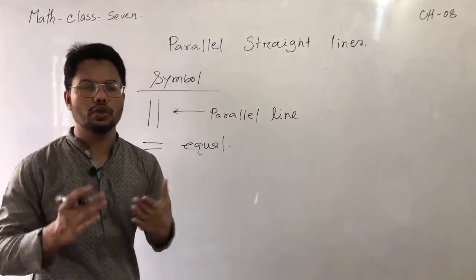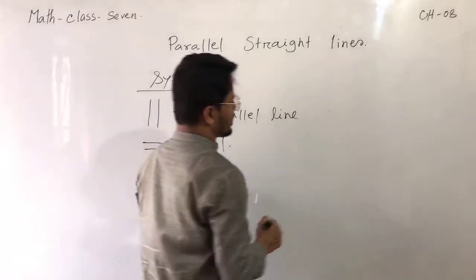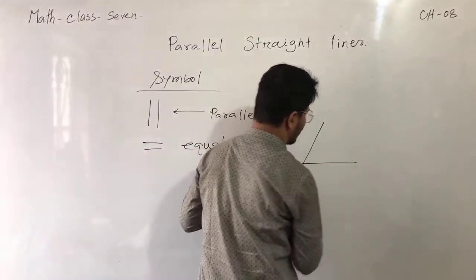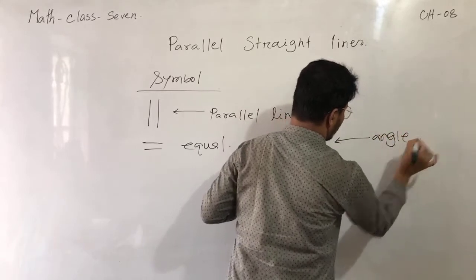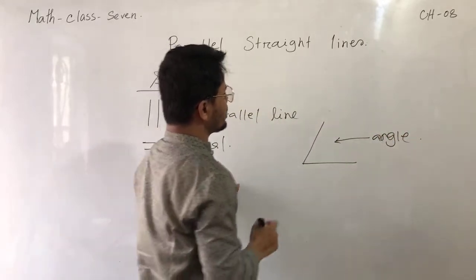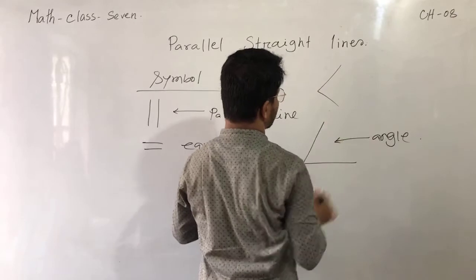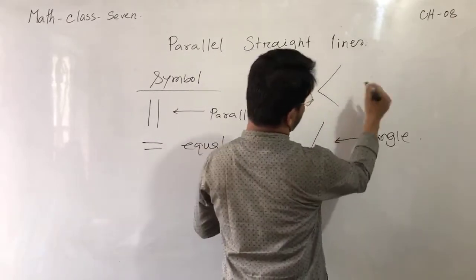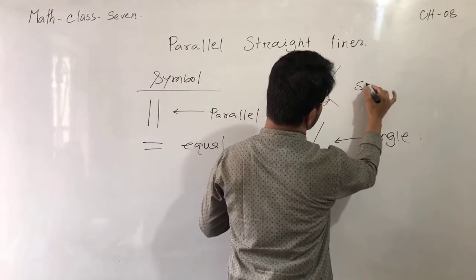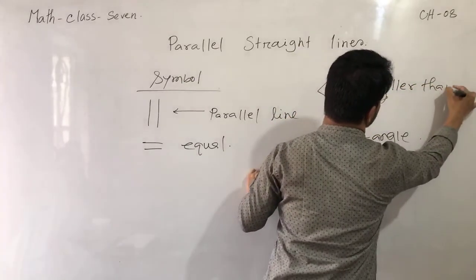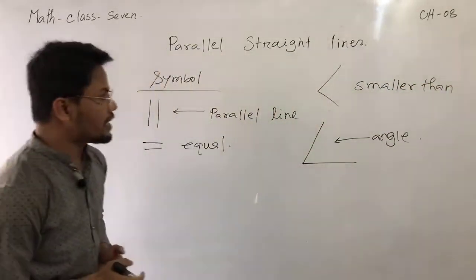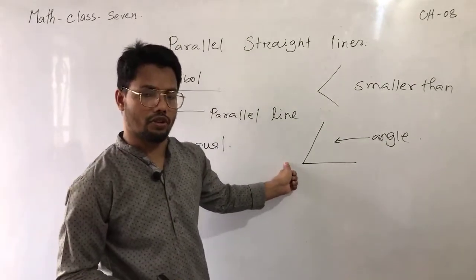Sometimes a few students make mistakes in writing the angle symbol. This symbol is called angle. This one is smaller than, so give attention to writing the angle symbol.